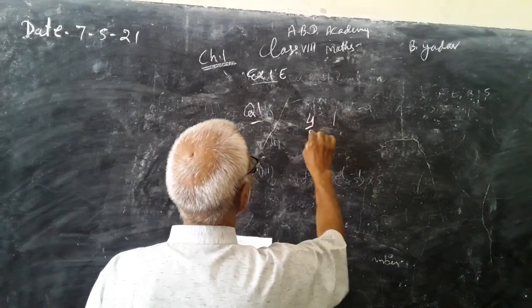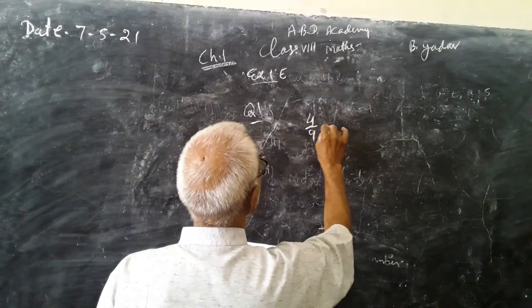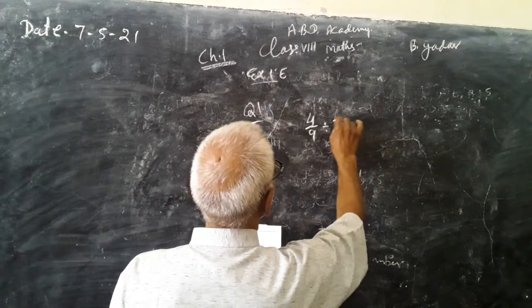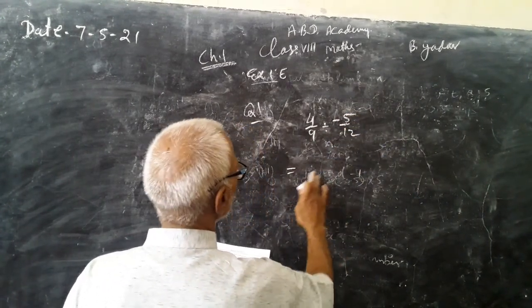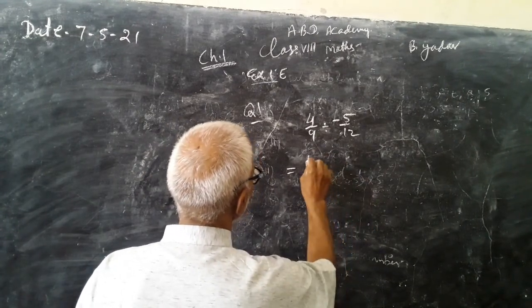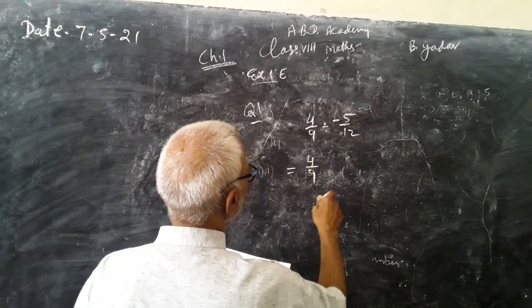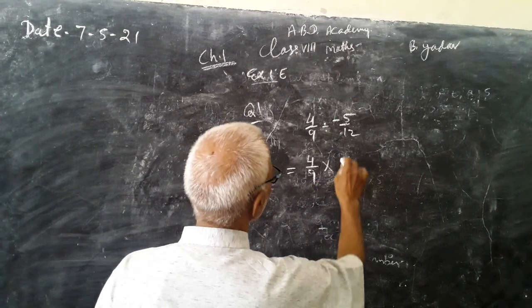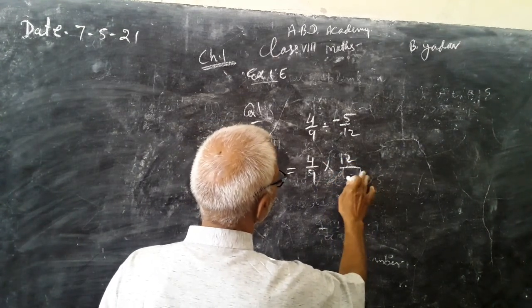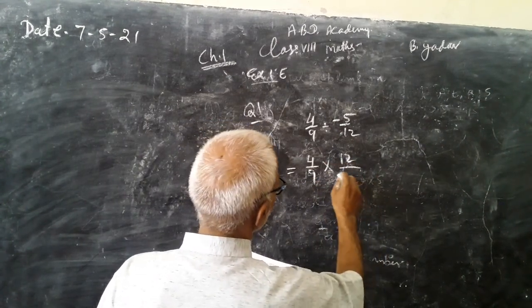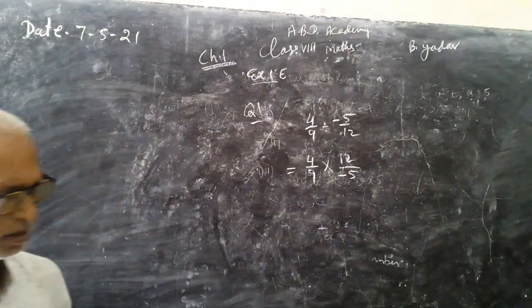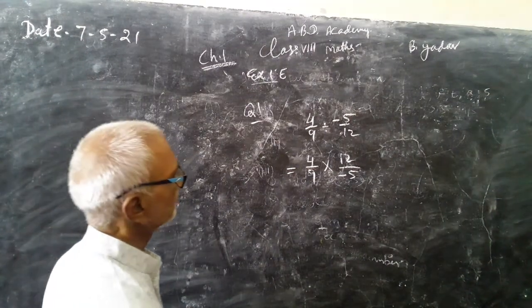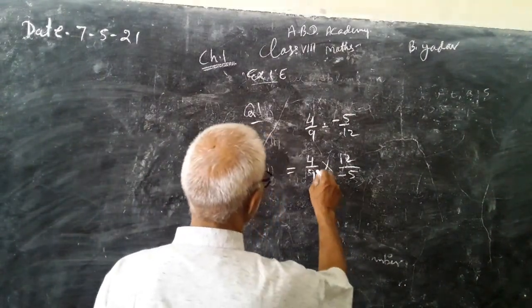Here given 4 by 9 divided by minus 5 by 12. What to do? You know, whenever there is a division sign, change it to multiplication by reversing the number after the division sign. So it becomes 12 by minus 5.